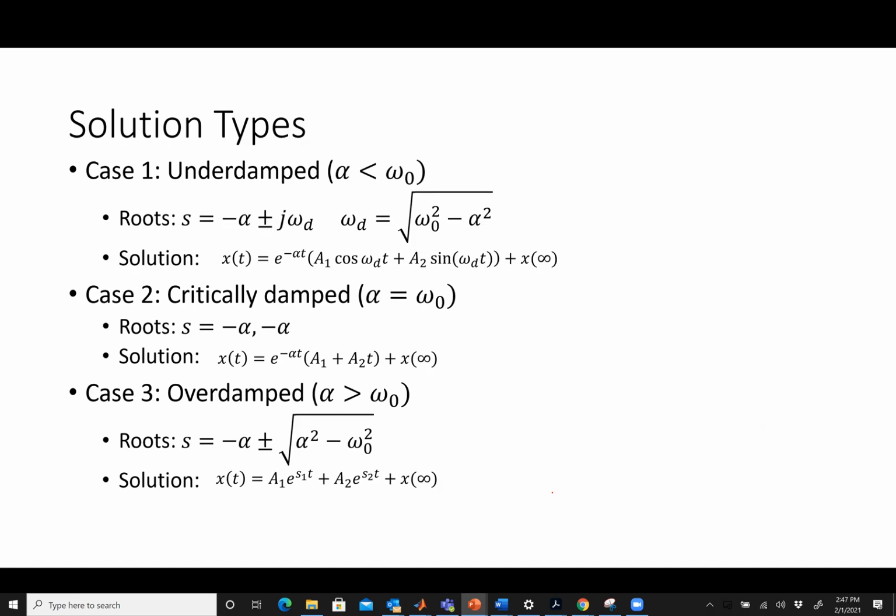All right, so we said that there's basically, you know, there's really four cases, right? But the three cases that we typically talk about: underdamped, critically damped, overdamped. So we look at alpha and omega naught to figure out the difference. So I want to ask you guys, so underdamped looks like what in this case? You know, what would an underdamped response look like?